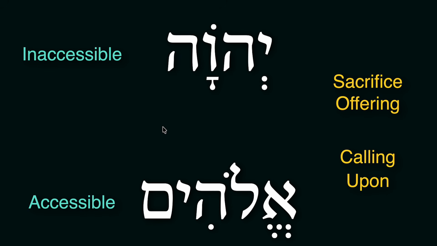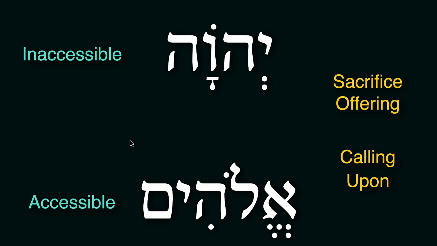Also in the camp, they have to keep the camp clean because Hashem goes around in the camp. So for Hashem to be present, you need holiness. And that is exactly what Elohim did. He sanctified the seventh day before Hashem's name is introduced in verse 4 in Genesis 2.